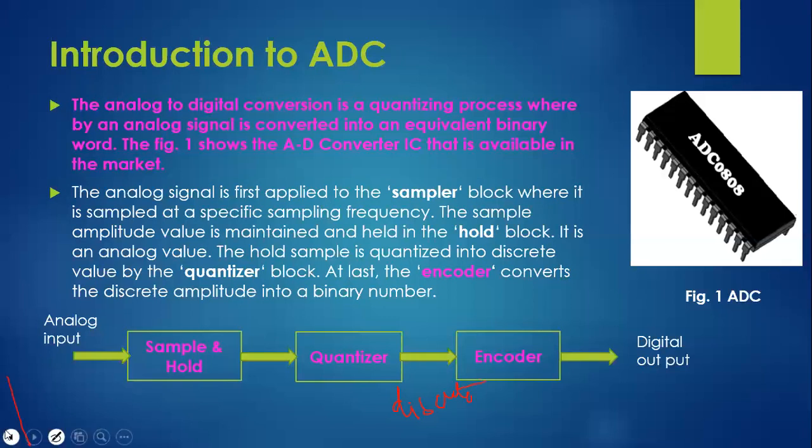If we see the chart here, the analog input will be a sinusoidal input, which is continuous in nature. It can be anything which is continuous in nature. After passing through the sample and hold circuit, the output will be in terms of samples like this. So we will be having samples with some reference.